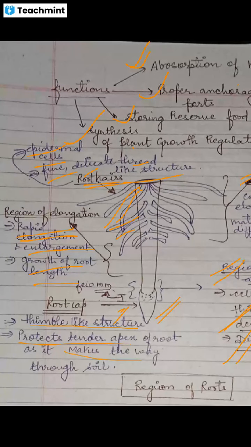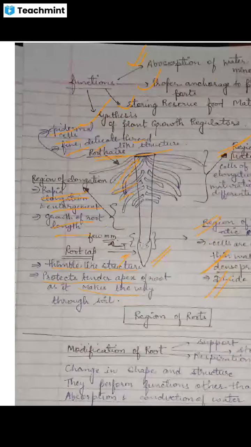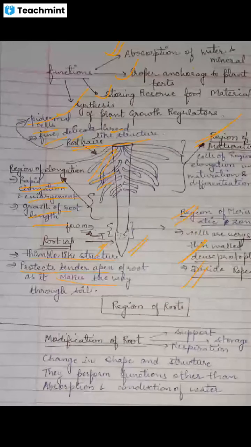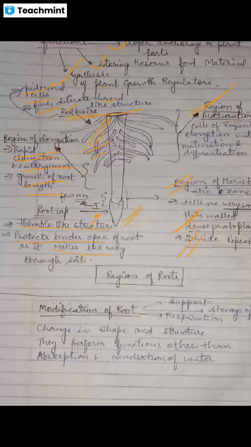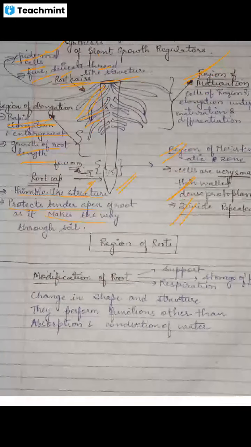This is about the regions of the root. First we have the root cap, then the meristematic zone, then the region of elongation, then maturation, which consists of root hairs also. Now, modification of roots.